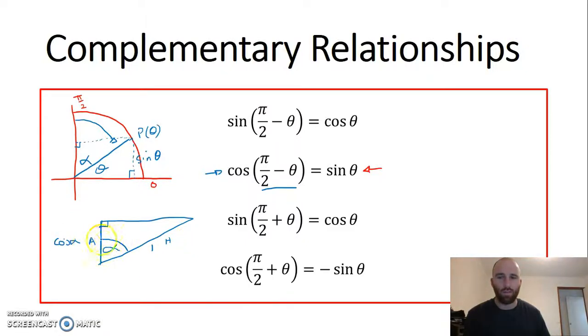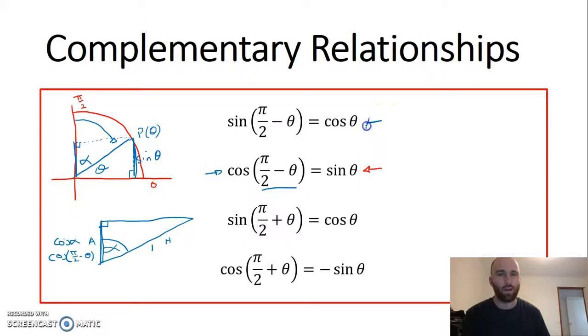That cos function, either that or cos of pi over 2 minus theta, finds the exact same length. They're finding either that top length or that length there, and they represent the exact same value. This is where our complementary relationships come into play.